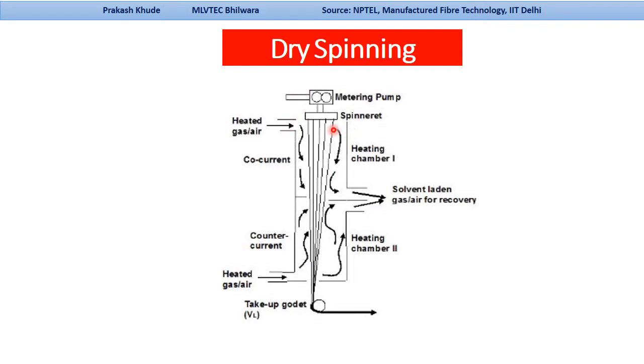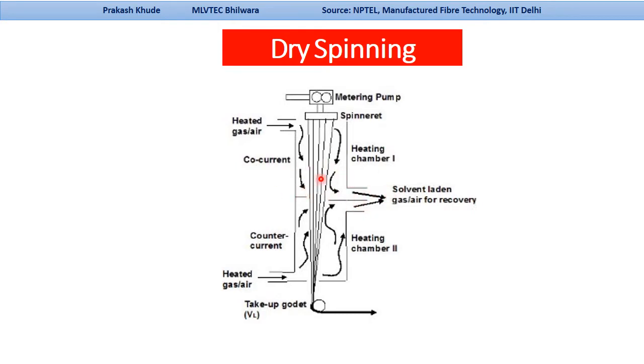In dry spinning systems, the filament is taken from the spinneret, and in this case hot air or hot gas is transferred for the solidification of the filament. At the same time, this hot air is used for the evaporation of the solvent. The solvent is evaporated by hot air.